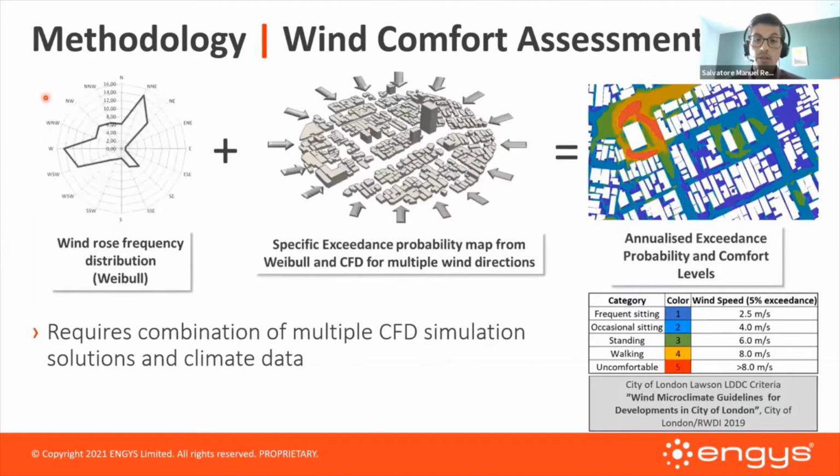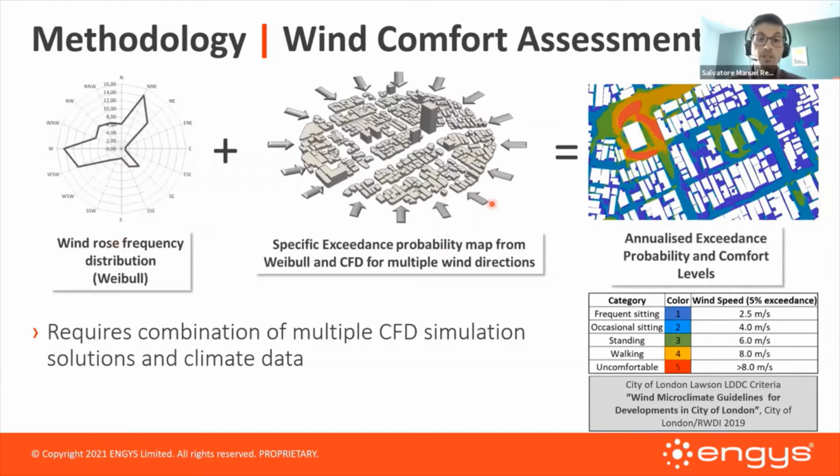The wind comfort assessment is done by combining local velocities from multiple wind directions along with climate data. Weather data are generally represented as wind roses and are given in the form of variable distributions.